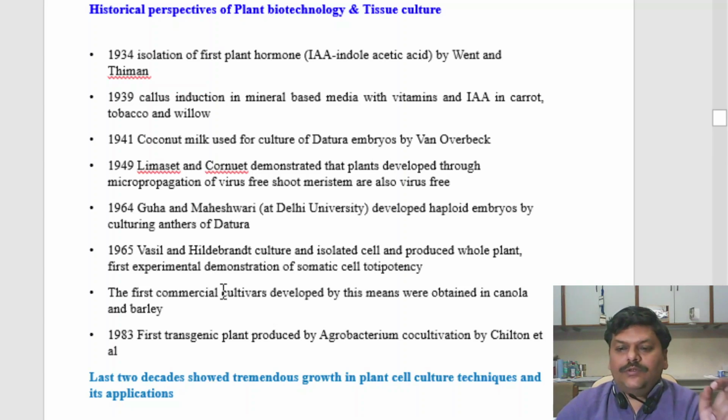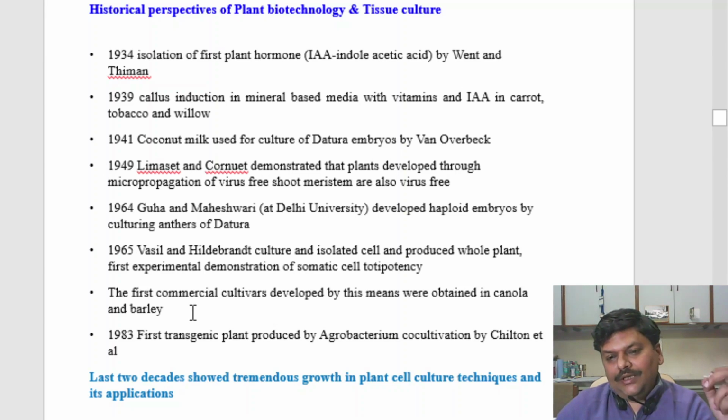Following that, the first commercial cultivars were developed in canola and barley by plant cell tissue culture, and these days plant cell tissue culture is being used for development of improved varieties in almost every type of crop plant, horticulture plant or flower plant. For example, orchids, ornamental plants, and newer flower varieties are being produced by plant tissue culture.